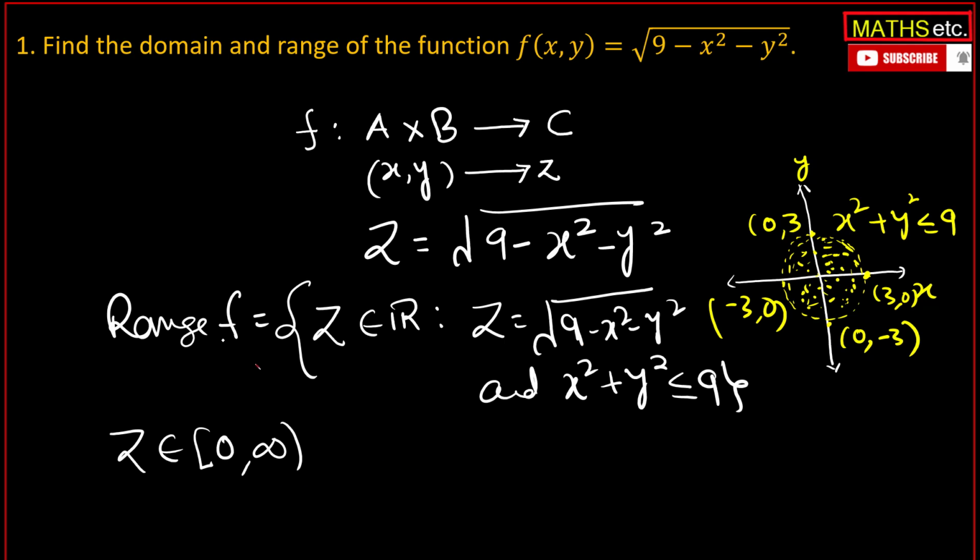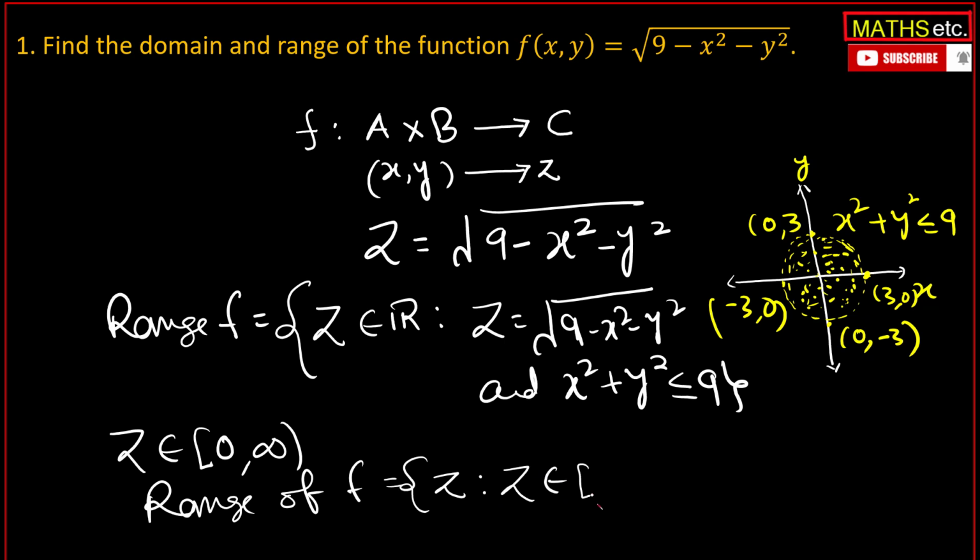So we have the range of f equal to the collection of all z values such that z belongs to the interval 0 to 3, closed interval, or simply we can write it as the closed interval [0, 3].